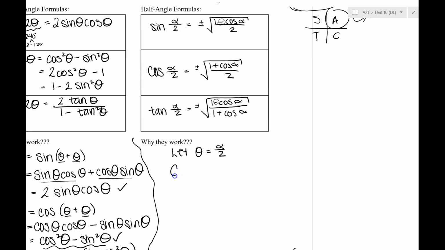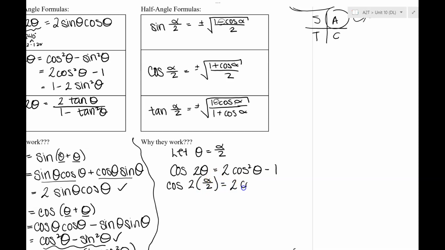Okay, so we have the cosine double angle, and for our purposes of deriving the half angle, I'm going to use 2 cosine squared theta minus 1. I've already said that theta is alpha over 2, and I'm allowed to change that as long as I state it, and we did. So everywhere there is a theta, I'm going to substitute alpha over 2.